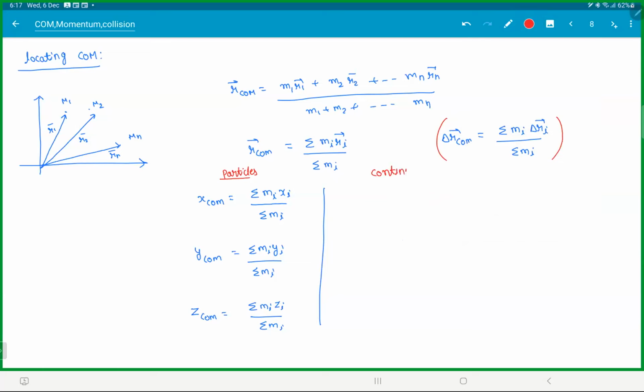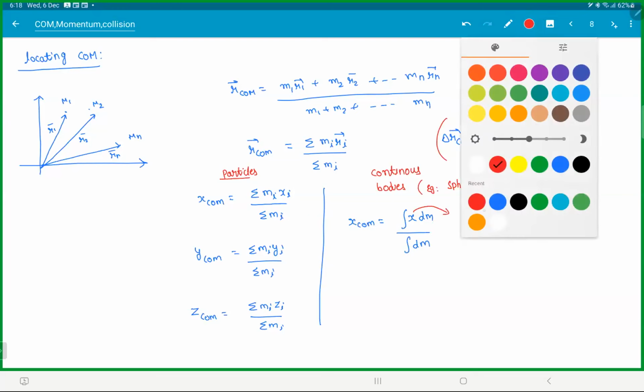And if you take continuous bodies, what are continuous bodies? Anything, lots of particles, spheres, the disk, ring, anything. The formula becomes x center of mass will be integral x dm by integral dm. What is this x here? This is the x coordinate of the dm particle. So on a system, if you take a small piece dm, it is the x coordinate of that one.